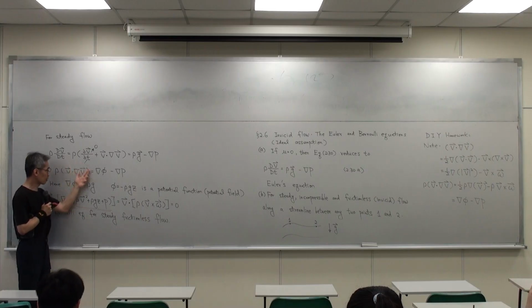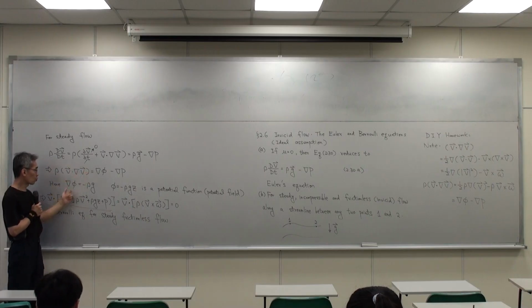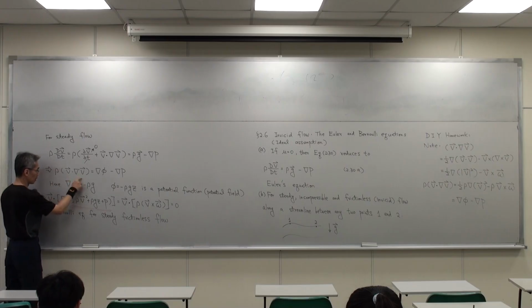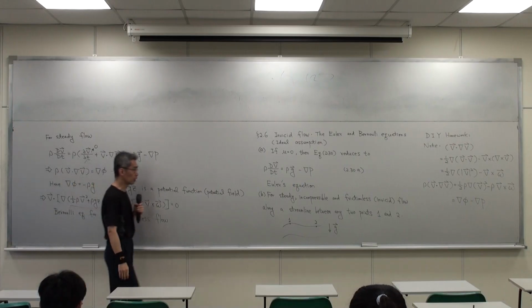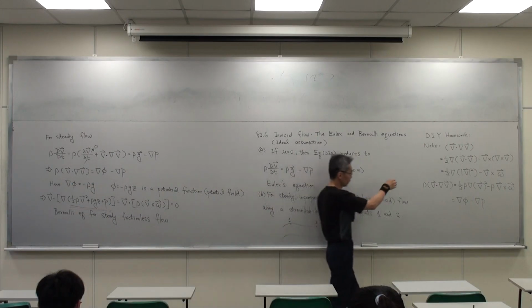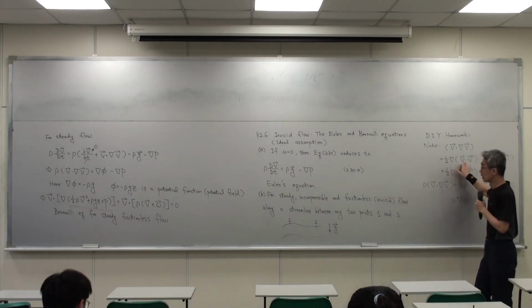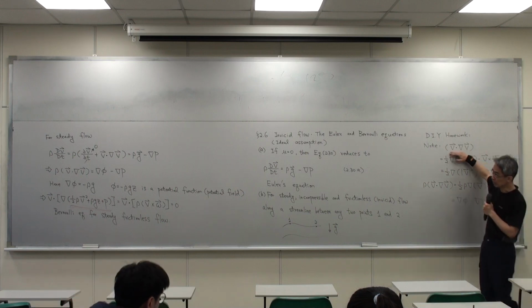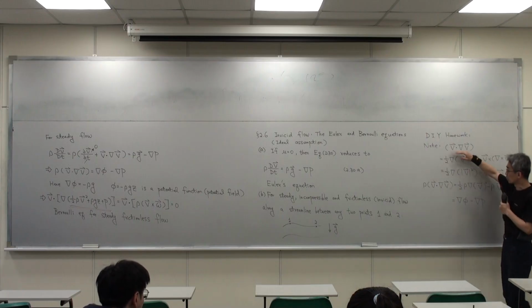So if we make the gradient, it's like we rewrite this function into this function. For the convection term, we can rewrite it.